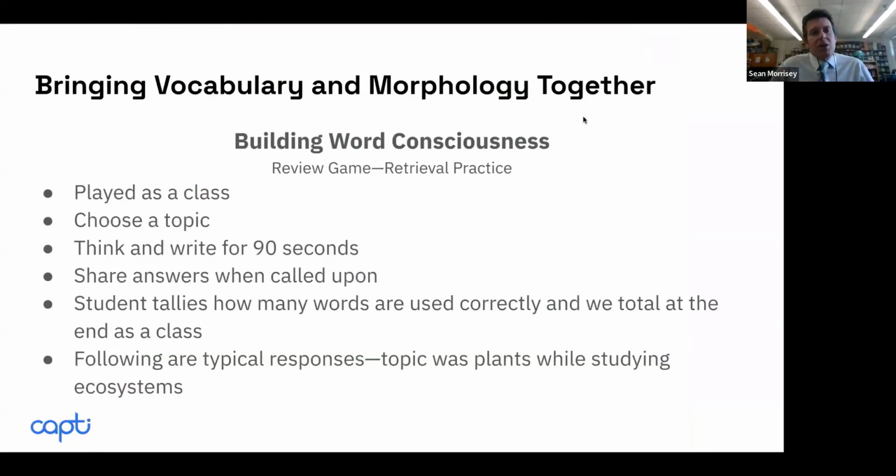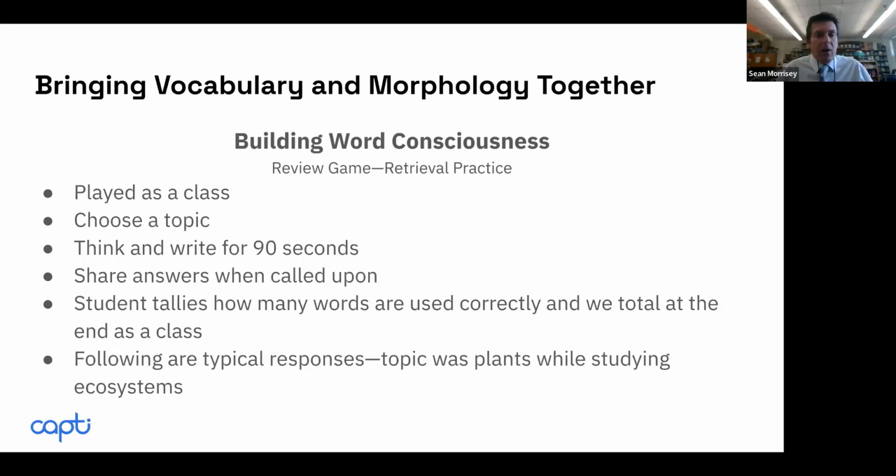Playing with words is so much fun in the classroom. So we play a review game a few times a week where I ask kids to pick a topic. It could be anything: plants, sports, recess. I give them 90 seconds to either write on their mini whiteboards or think about how many different words they could embed in this topic.